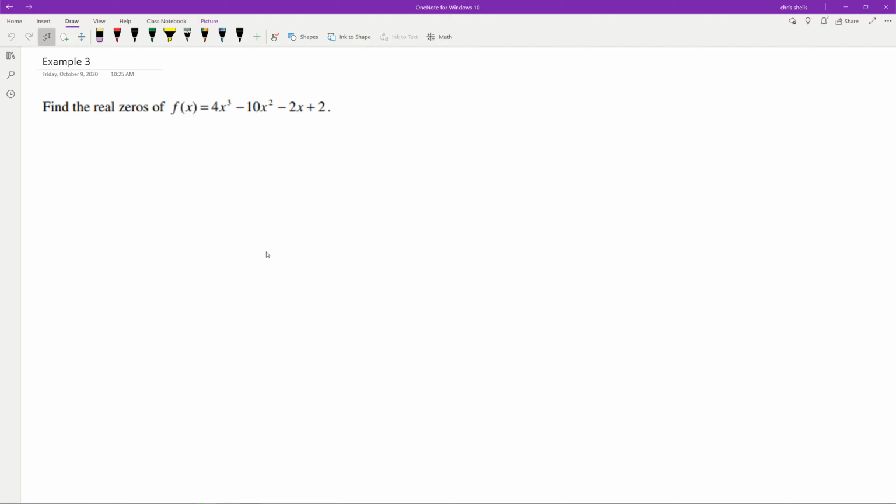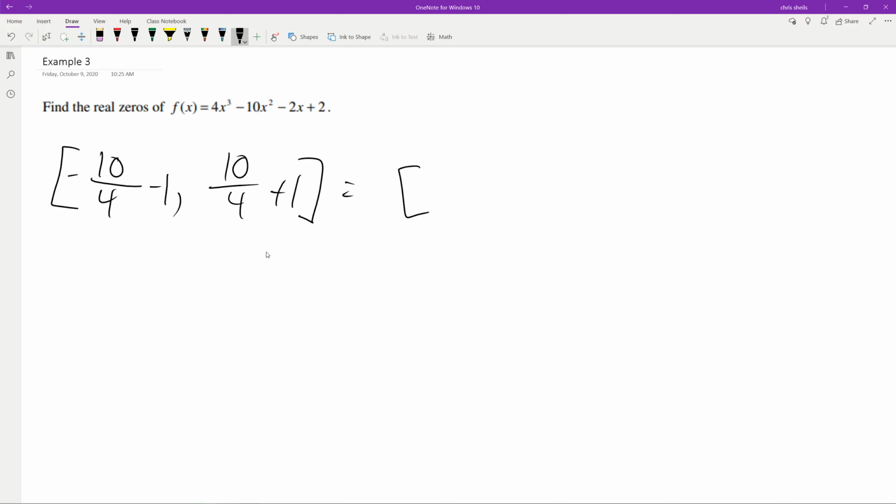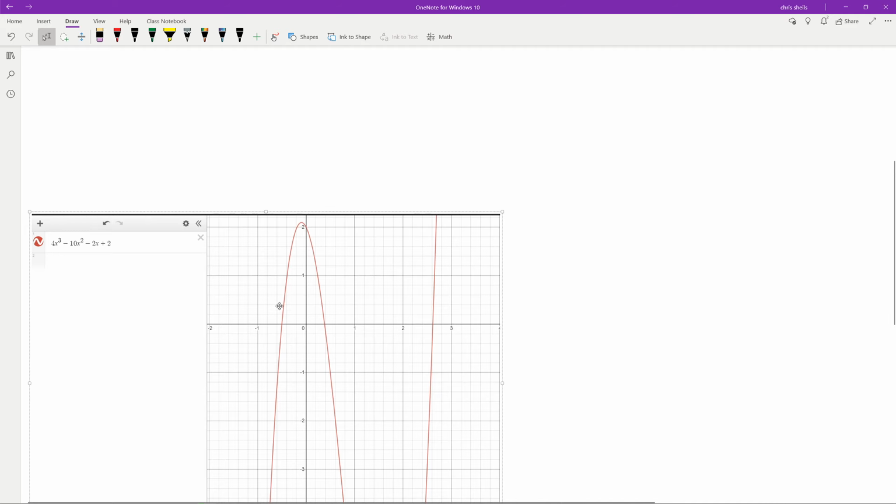Cauchy's bound here would be the absolute value of negative 10, which is 10, over the absolute value of 4, minus 1, comma, 10 over 4 plus 1. And I'm going to get negative 3.5 to 3.5. So all of my real zeros must occur in this interval.